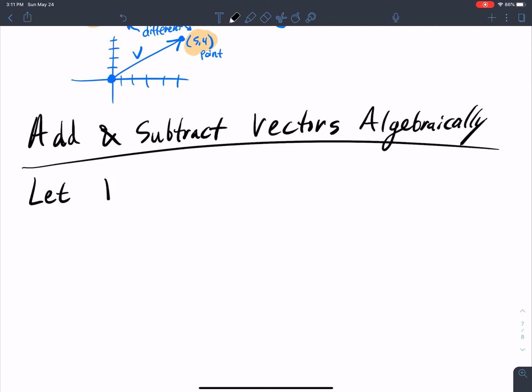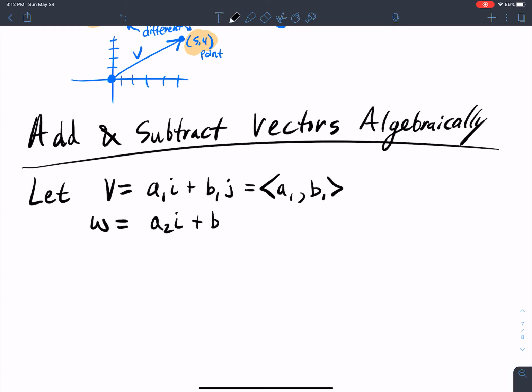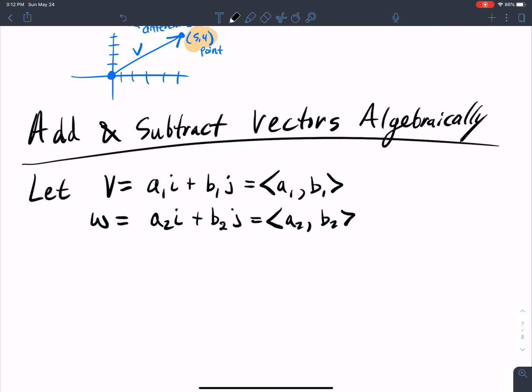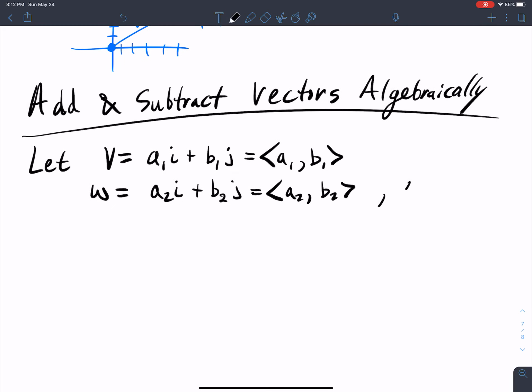So I'm going to let V equal a1 i plus b1 j, which is equal to (a1, b1). I'm going to let W equal a2 i plus b2 j, which is (a2, b2). I'm going to let those be two vectors and alpha be a scalar.